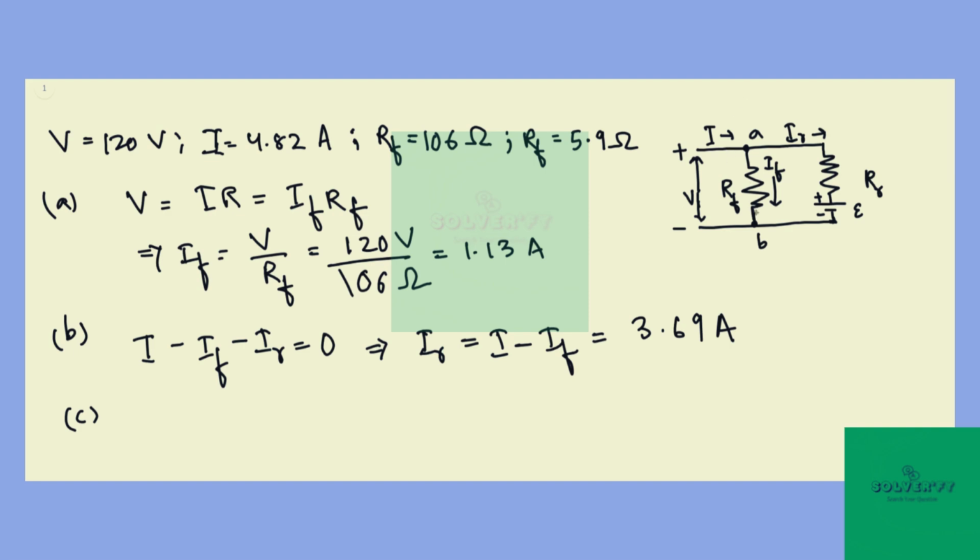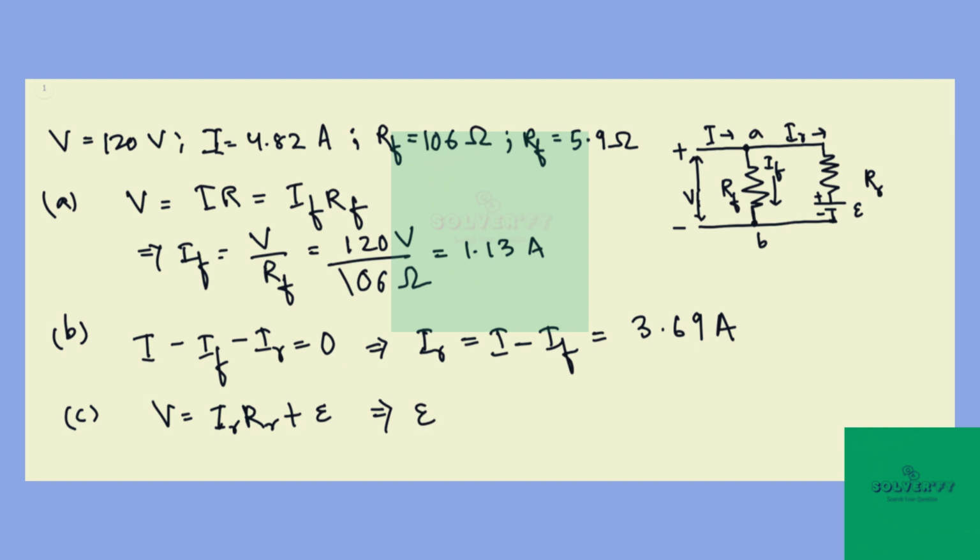For part C, we know that the potential drop across the rotor is IR times RR plus the induced voltage, and this must be equal to the applied potential difference V. So V is equal to IR times RR plus epsilon.